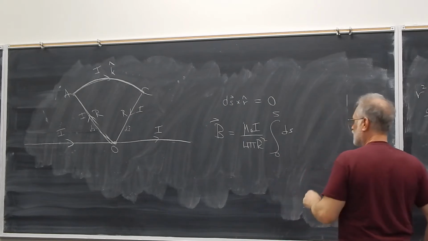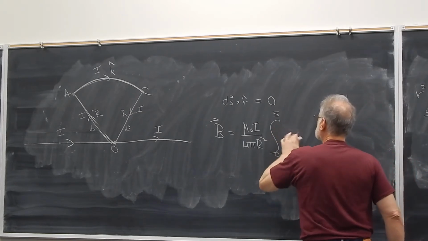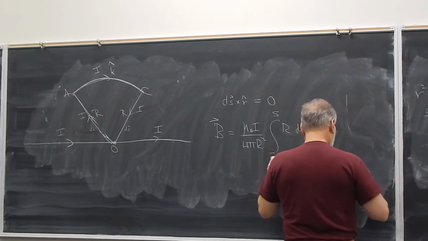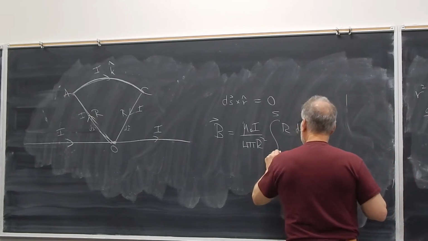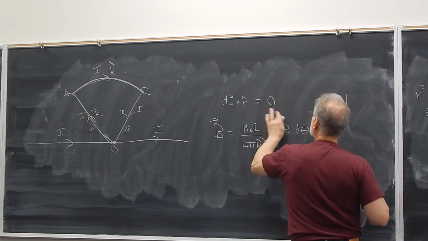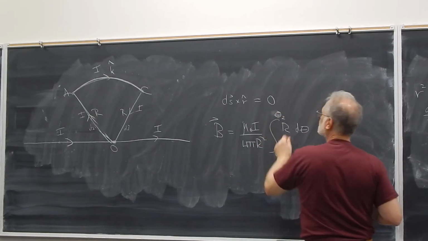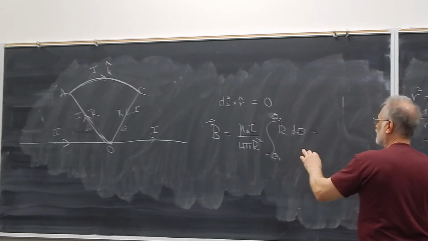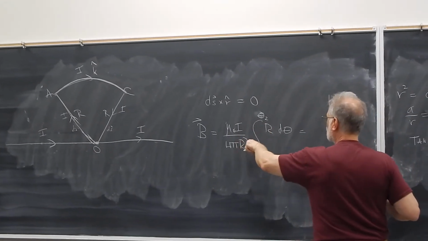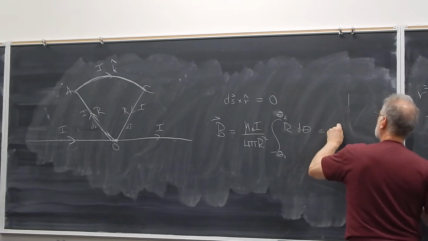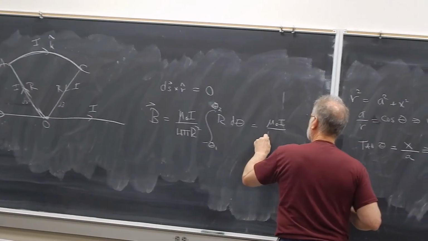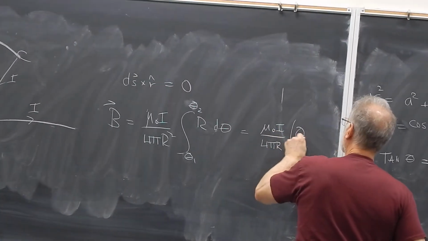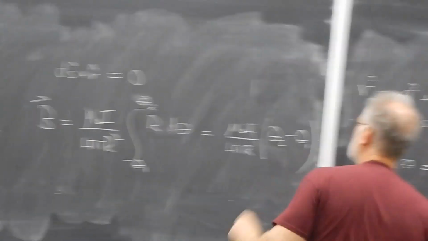It's much easier to express this as r d theta and let theta go from, again, theta 1 to theta 2. This becomes a very simple integral. The r cancels one of the r's in the denominator. I end up with mu naught I over 4 pi r times theta 2 minus theta 1.